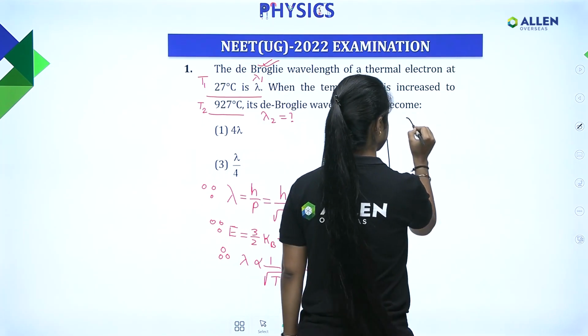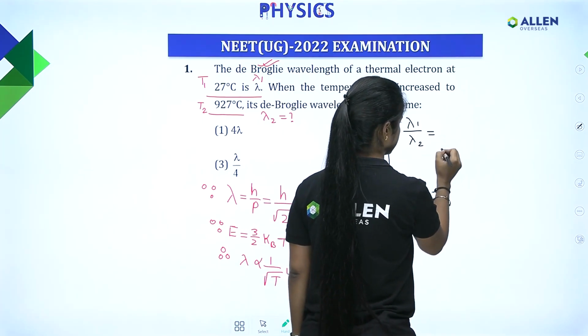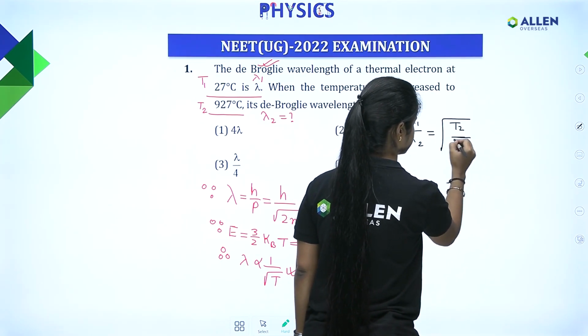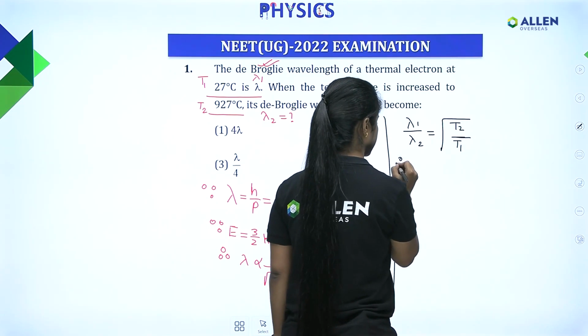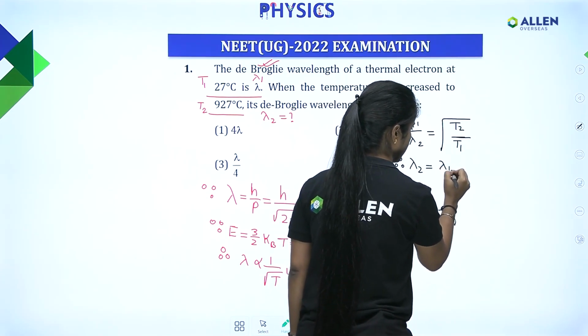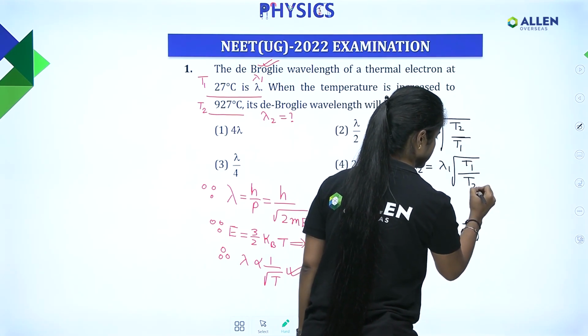So what I am going to write here: lambda 1 by lambda 2 equals root under T2 by T1, right? Therefore lambda 2 will be equal to lambda 1 into root under T1 by T2.